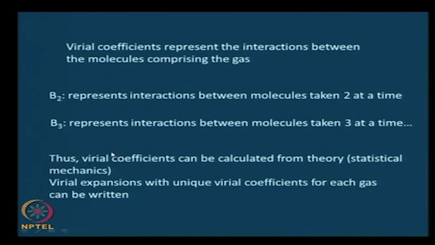Here I am not going to show you those calculations, I am just going to probably present the expressions maybe later on. And as mentioned earlier, virial expansions with unique virial coefficients for each gas can be written. Therefore, B2, B3, B4 and so on are going to be different for different gases.